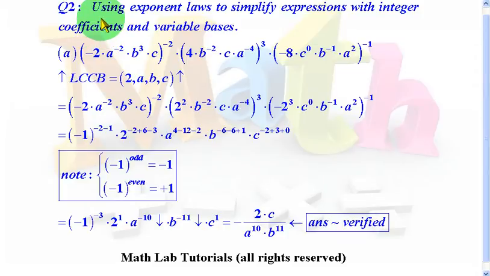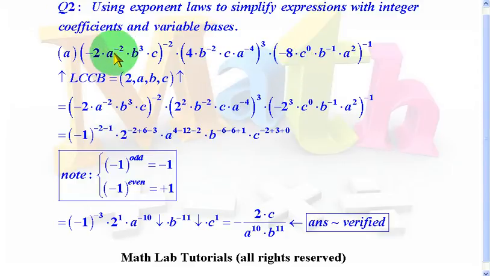Here's Q2, and essentially we're going to be using exponent laws to simplify expressions with integer coefficients and variable bases. Okay, if you look at this mess over here, it looks like a real mess, but it's actually quite easy. -2 is called a coefficient because it's a number that appears out front. 4 is called a coefficient. -8 is called a coefficient.